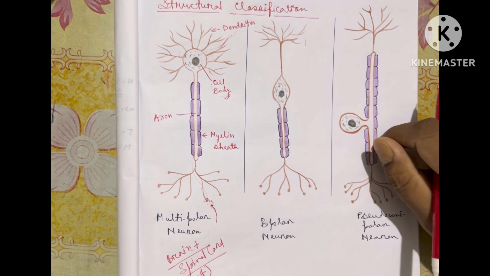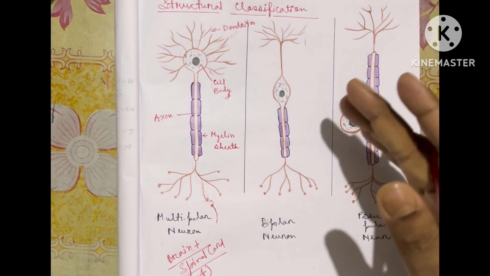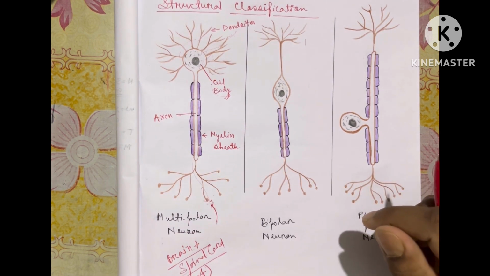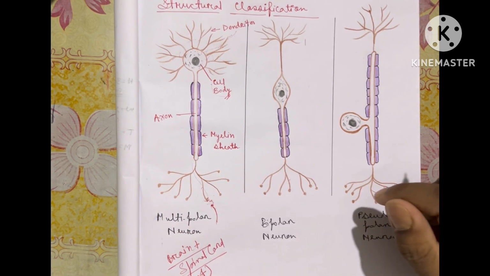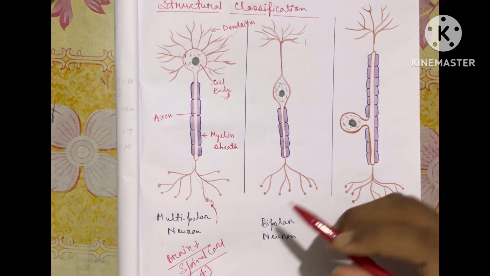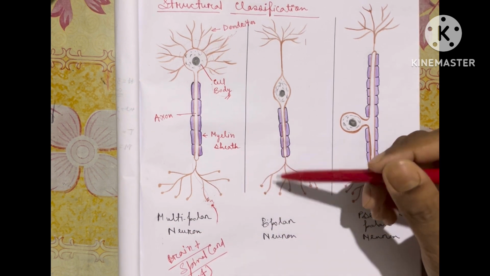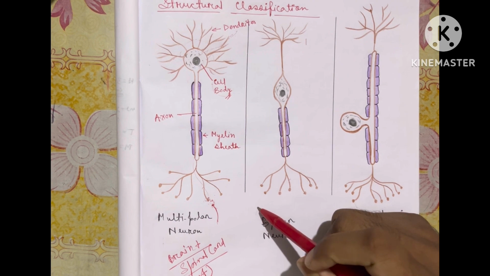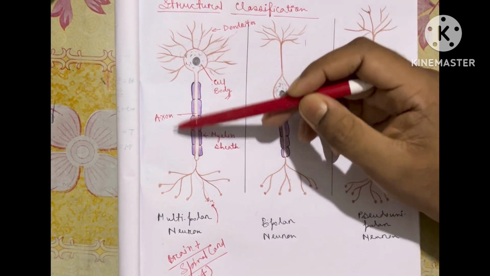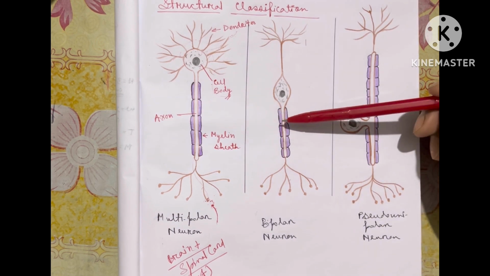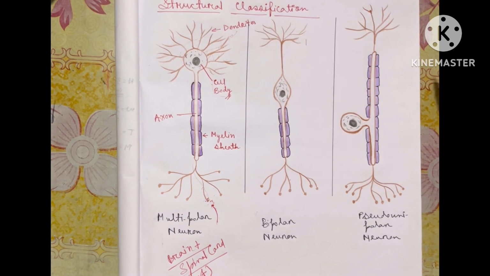Why not all? Because a few bipolar neurons are also present in the olfactory area of the brain. The olfactory area is definitely part of the central nervous system, and the central nervous system comprises the brain and spinal cord. So definitely bipolar neurons are also present in the brain. So most of the neurons in the brain and spinal cord are multipolar neurons, but a few of them are bipolar neurons.